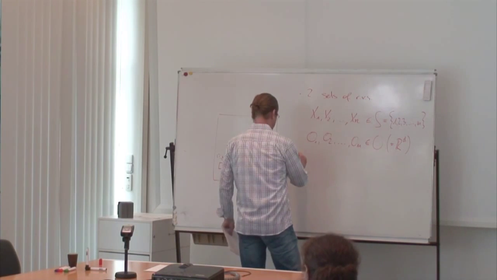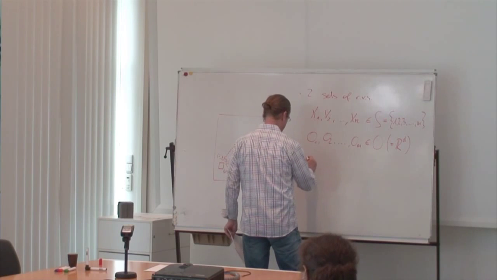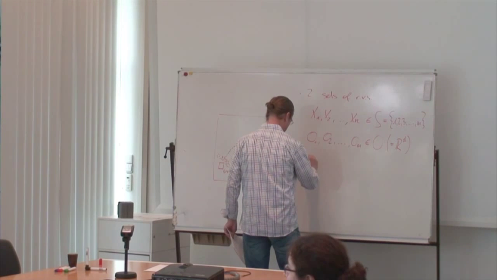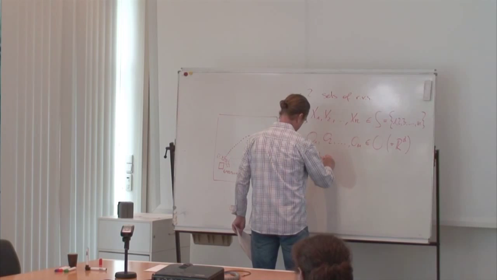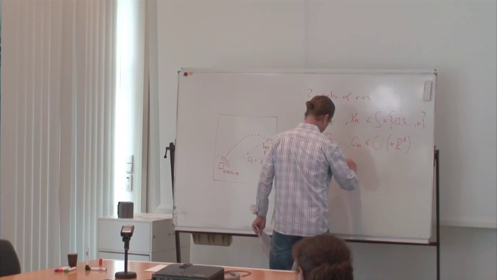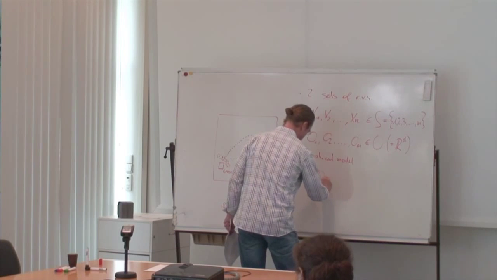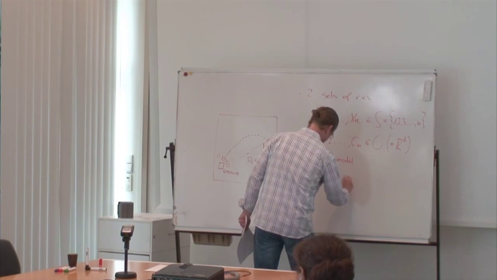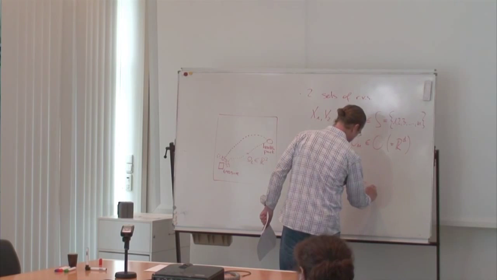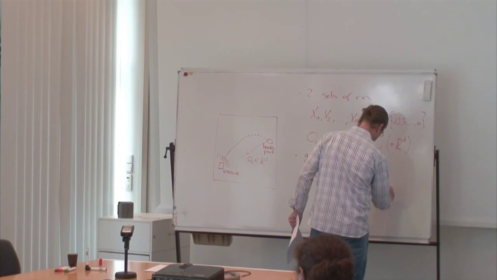So the graphical model underlying the idea of hidden Markov models is the following. We have these state variables as we had when we were talking about Markov chains or Markov models.